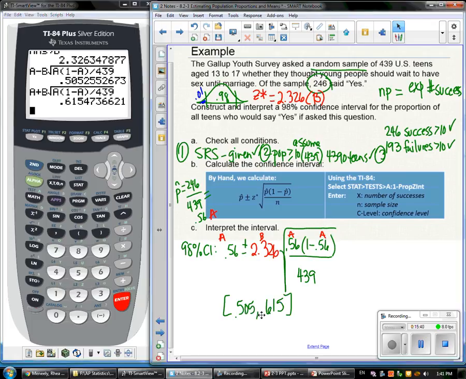And so in conclusion, I would say that I am 98% confident, right? That was the confidence level. Yes, let me go ahead and write that.